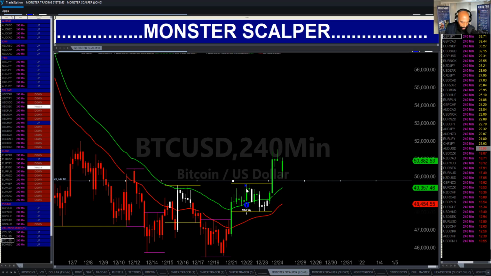So it closed below the resistance. So buyers were still not ready to get in, okay? So we waited. It held support here, and then it had white consolidating candles, and then this candle here tells us that, hey, buyers are back in. We still have a buy signal, okay?